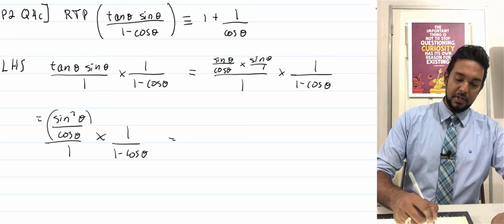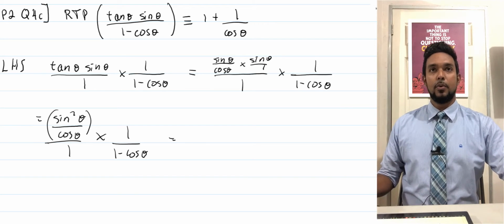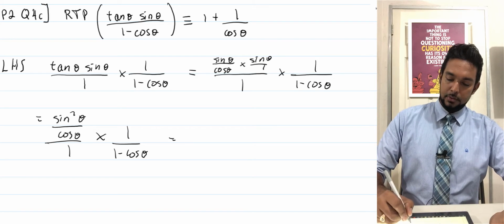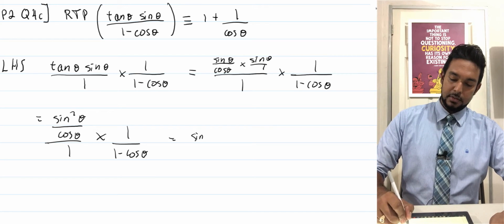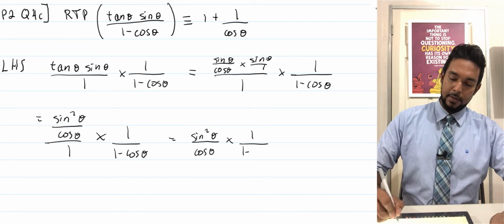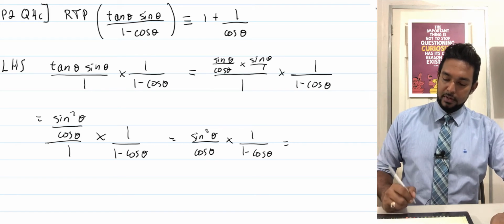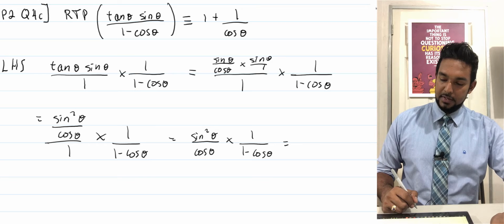Imagine this was just x. Isn't x over 1 equivalent to x? Right? So what we could do is simply express it as sine squared theta over cos theta multiplied by 1 over 1 minus cos theta.